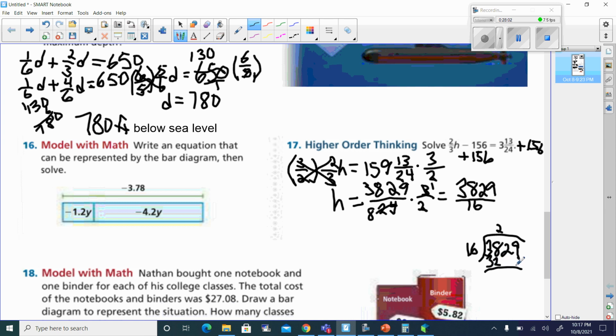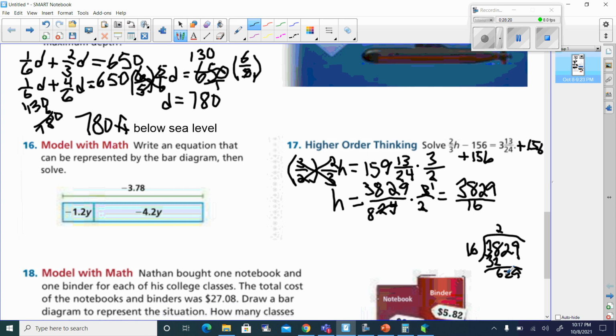So that's going to leave me 629. Let's see, 16 goes into 62.